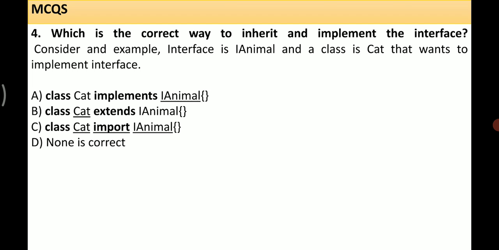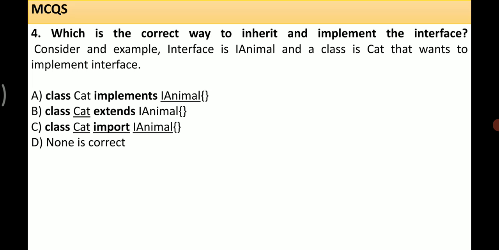Next question: which is the correct way to inherit and implement the interface? Consider the example where the interface is iAnimal and the class is cat that wants to implement the interface. So you're supposed to implement the interface.